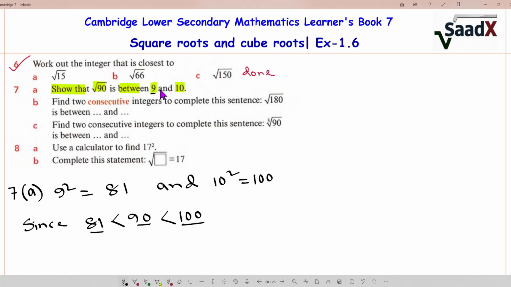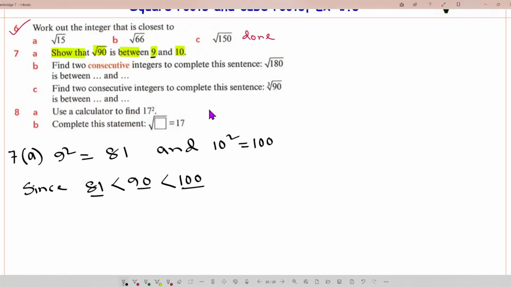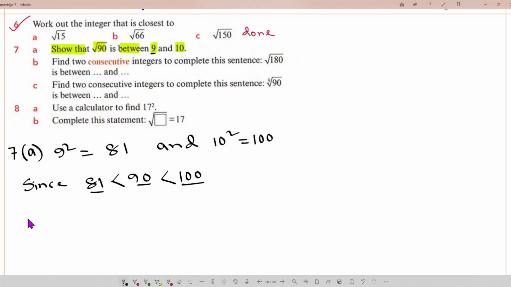It means root 90 is between 9 and 10. So we can say yes, root 90 is between 9 and 10. So A, done.